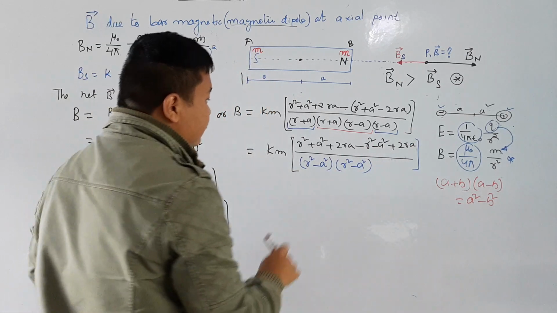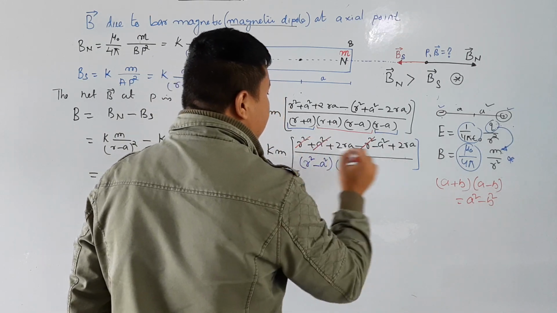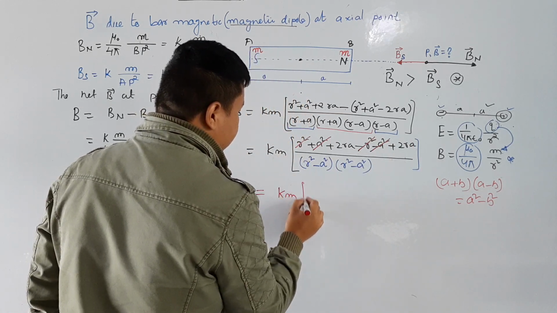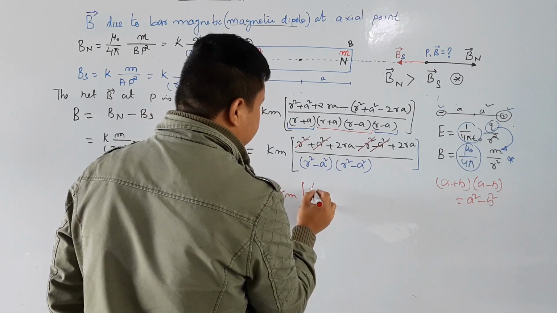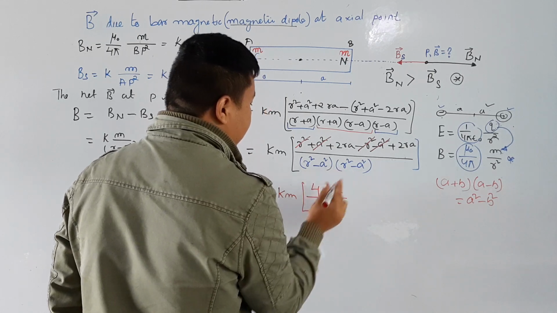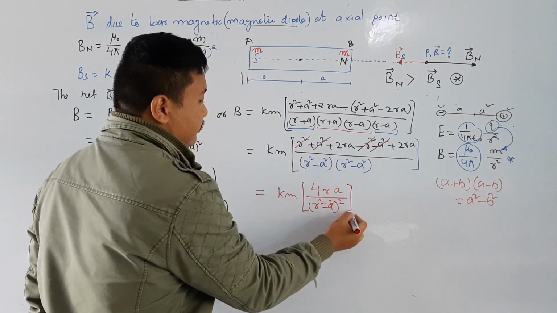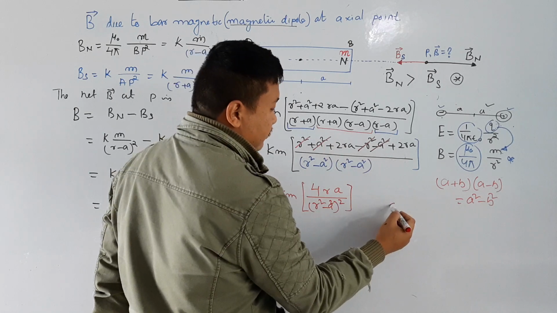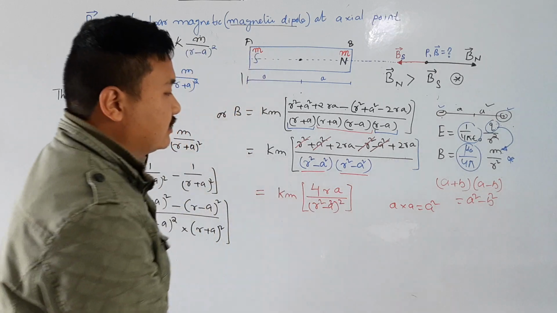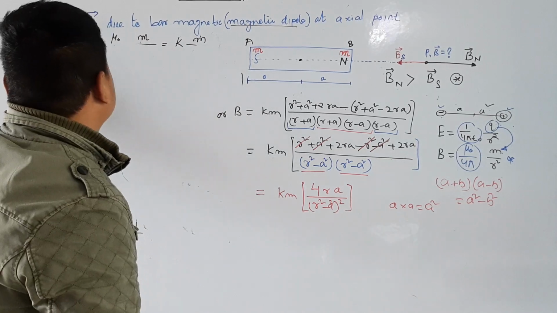So if you see here, this is plus r square, this is minus r square, this is plus a square, this is minus a square. Then I get km into 2ra plus 2ra, which is 4ra, divided by the same thing, so this will become (r square minus a square) whole square. Why? Because if you have a into a, then this will become a square. Okay, now we are almost there.